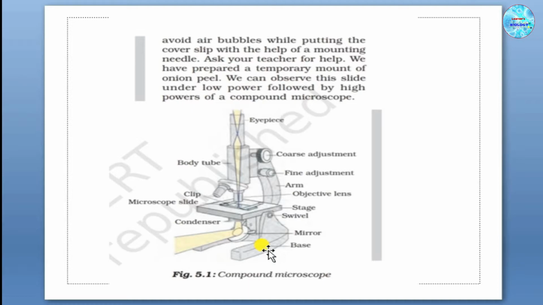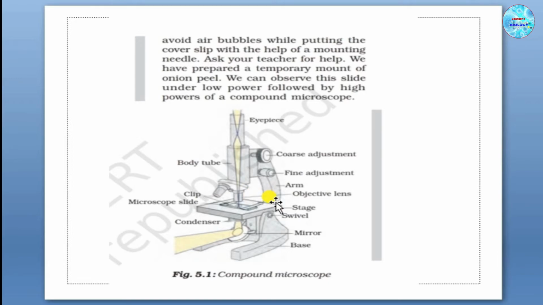Now this you can see is the compound microscope. It has different magnifications. As you can see here, this is the base of the compound microscope, and here lies the mirror. This is the stage. On this stage you can put the slide. Then these are the objective lenses of different magnifications.